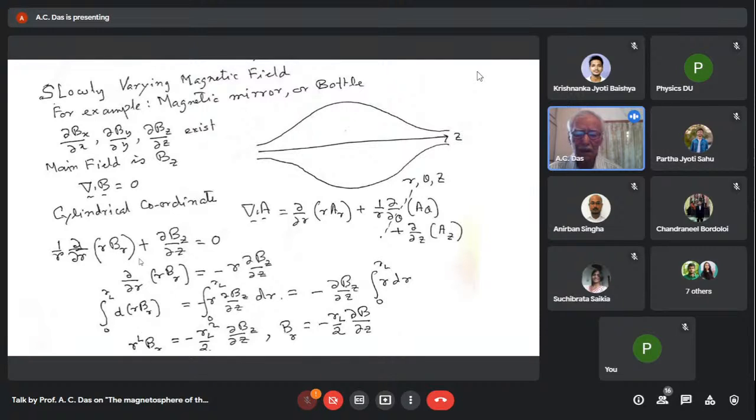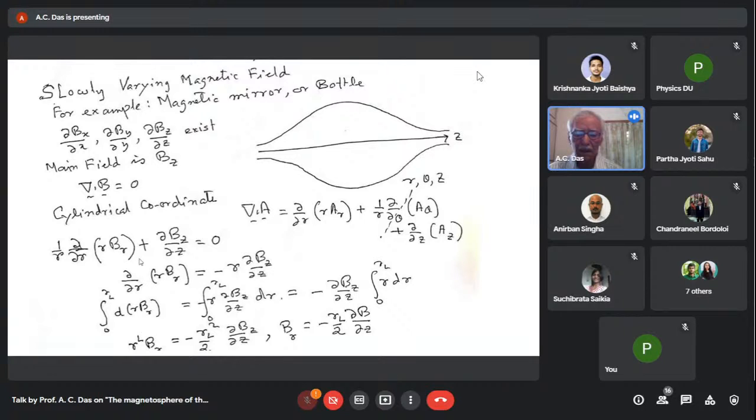Now what I wanted to say is that mass into acceleration is the force, and whenever you have a slowly varying magnetic field dB/dz, the force is given by minus mu ∂B_z/∂z, which could be in general true, and we can write minus mu gradient of B as the force.